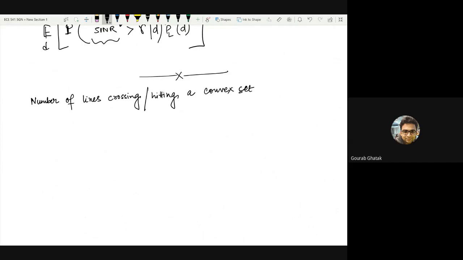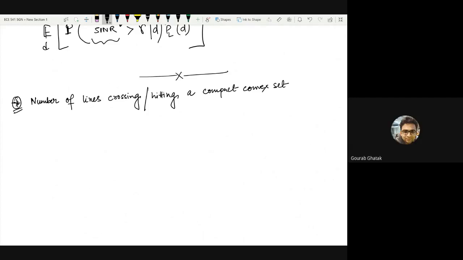I call it a compact convex set because the boundary points are also included. Of course, it might be a tangent or something like this. I had derived it and also shown why it is Poisson distributed. Does anyone remember the parameter? The parameter is proportional to the circumference or the perimeter.